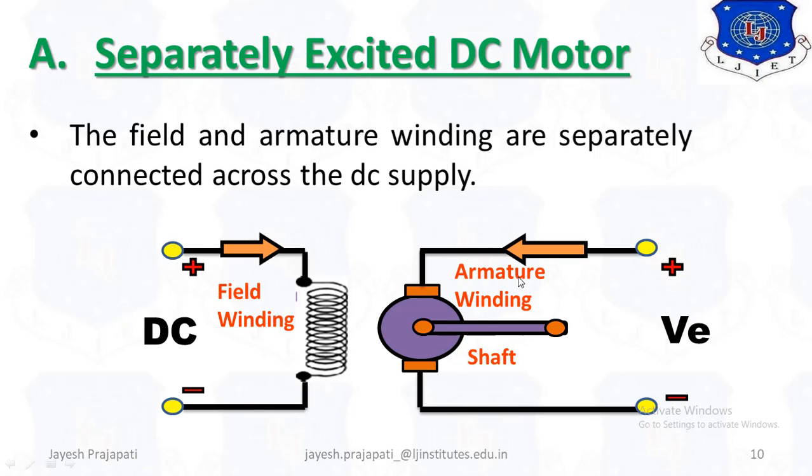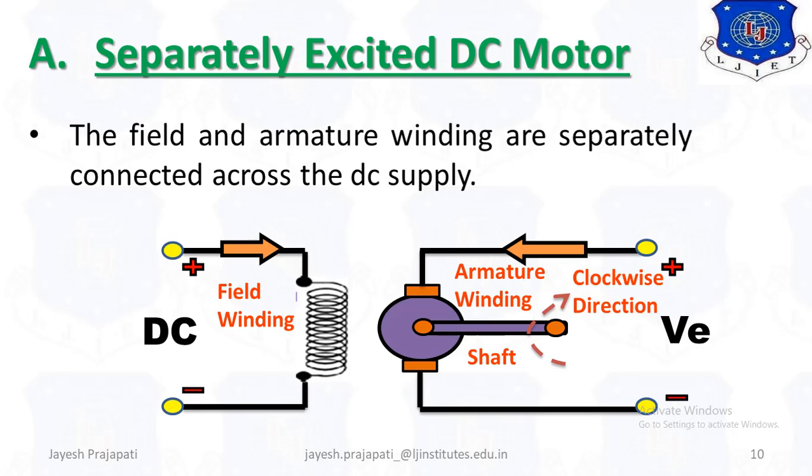The armature winding, connected to the external DC supply, plays the role of a current carrying conductor placed in a magnetic field. So a force is exerted on it as per the working principle and Fleming's left hand rule, and it starts rotating in clockwise direction. So that is a separately excited DC motor.